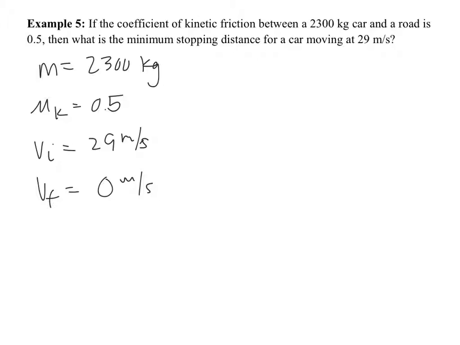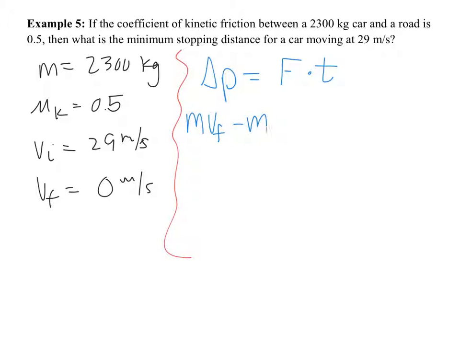So to figure out time, we can start with our momentum impulse theory, which tells us mvf minus mvi equals F t. Now, F, capital F here is the force applied. How could I utilize some other information in this problem?